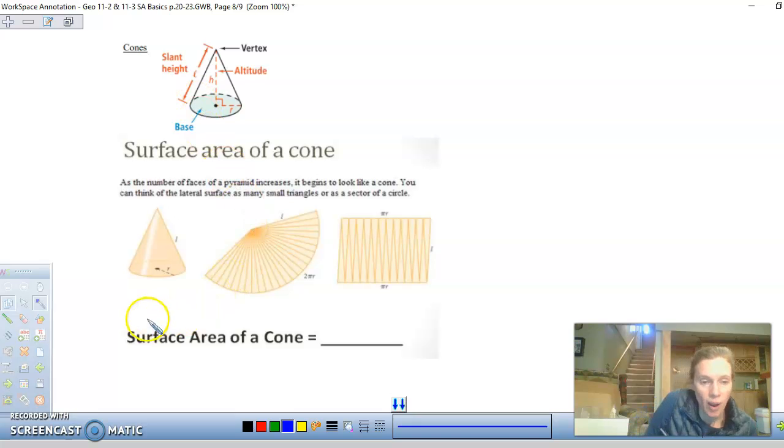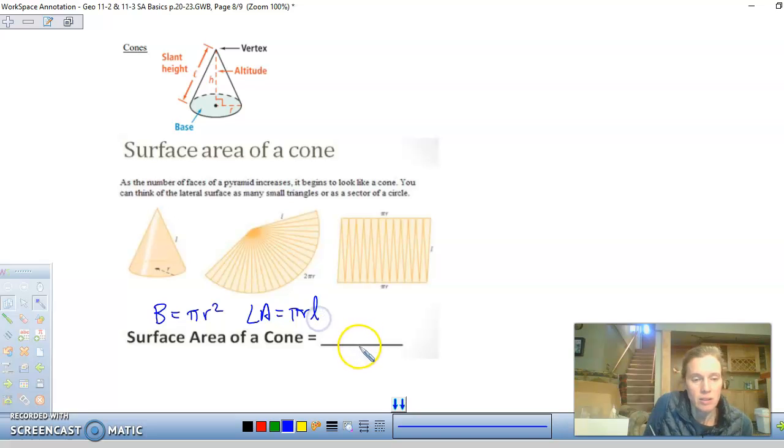Okay, so obviously the base is going to be pi r squared. And then as we talked about, that lateral area formula is pi RL. So if you wrote it out just the formula part, it would be pi r squared plus pi RL. So the base plus the lateral.